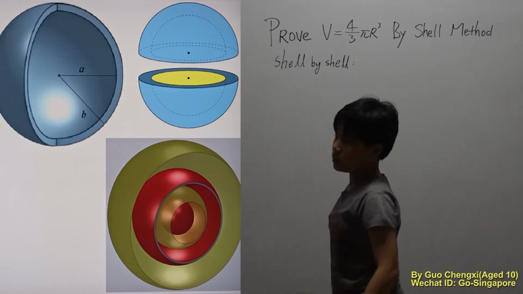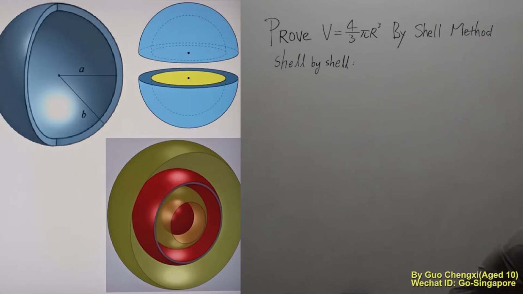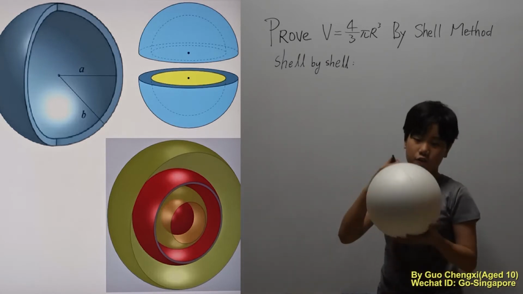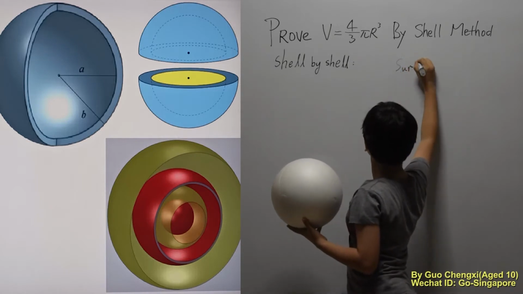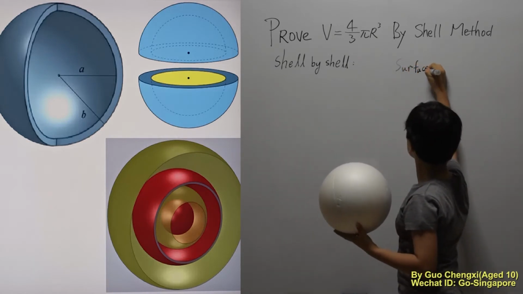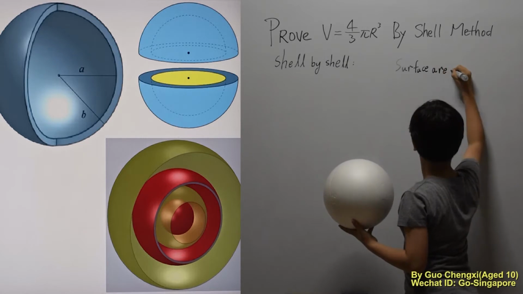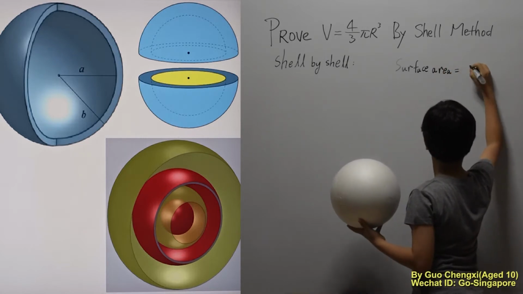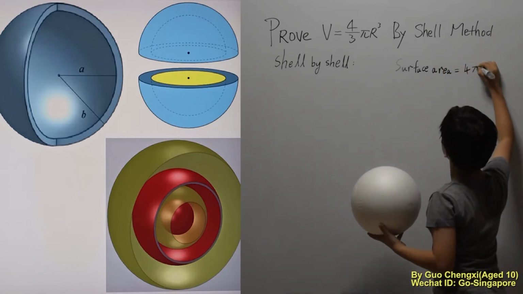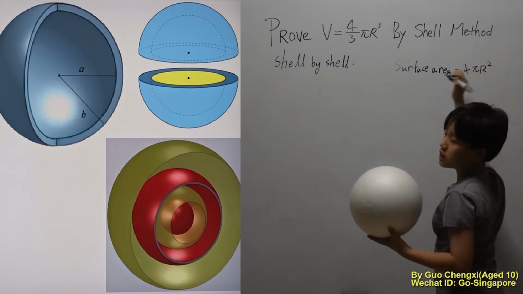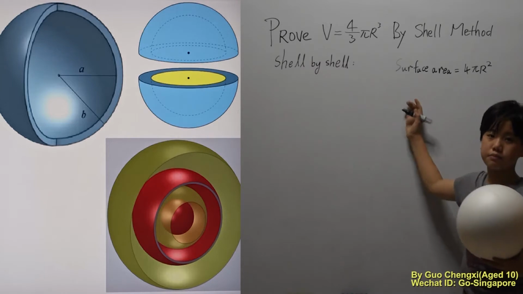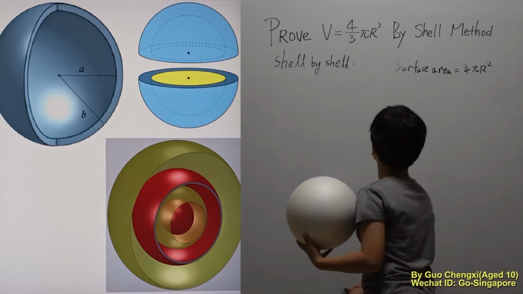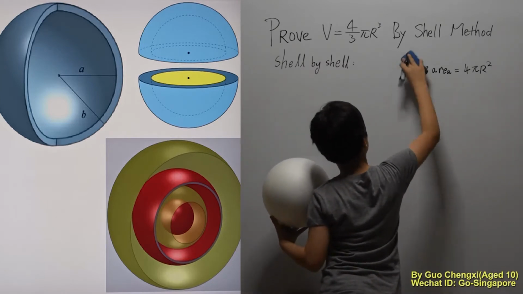Okay, so for last lesson we have already found out what is the surface area of the sphere. So the surface area is equal to 4 pi r square, right? So over here for this, let me just rewrite this.